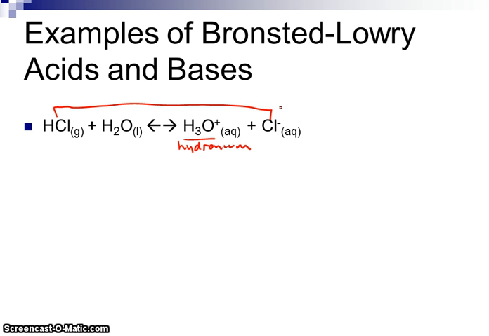Since it's donating a hydrogen ion in this reaction, it's referred to as our acid. And when we look at water, water becomes hydronium in this particular reaction. So the water is gaining a proton, and by the Bronsted-Lowry definition, water is acting like a base in this reaction.